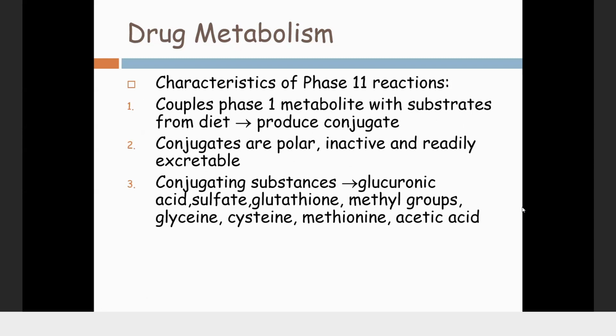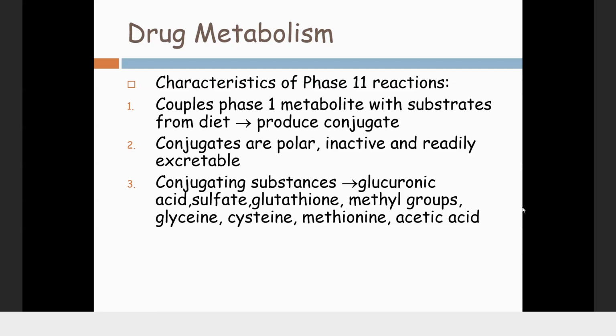The characteristic of phase 2 reactions: it couples the phase 1 metabolite with substrates from the diet and produces the conjugate. The phase 1 metabolite combines with sulfate or glutathione to produce the conjugate, which is highly water soluble. Conjugates are polar, meaning water soluble compounds.